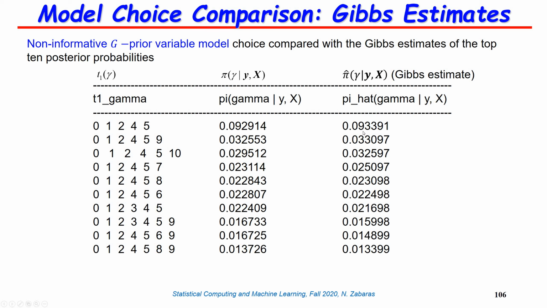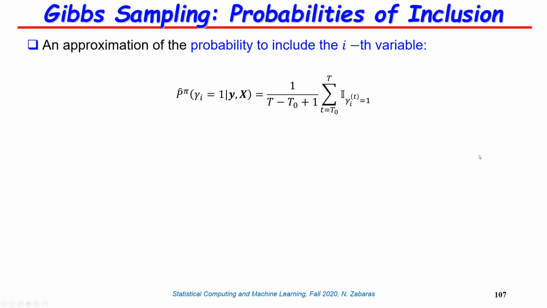Okay, so Gibbs sampling is capable of actually providing us the highest probability model, and the highest probability model tends to be the one that includes the bias term and then the explanatory variables 1, 2, 4, and 5. So actually both the analytical and the Gibbs sampling estimates agree for practically all of the top posterior models that we have in our analysis.